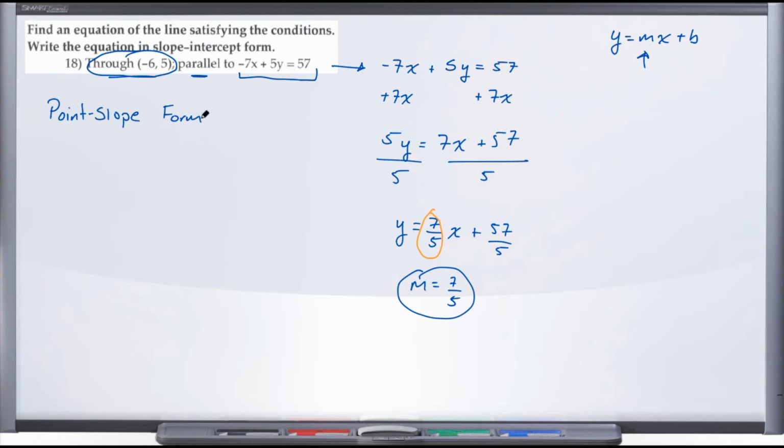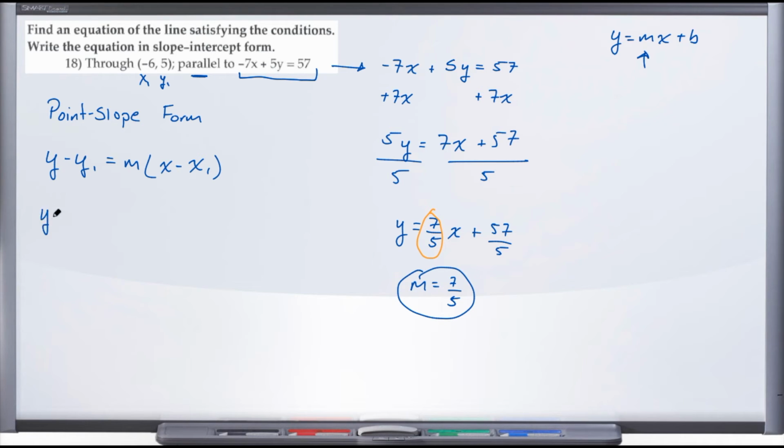So we're going to take this m and this point and plug that information into our point-slope form. Hopefully you'll recall by now that our point-slope form is y minus y1 equals m times the quantity x minus x1. Let's label our given point x1, y1, and we have our m, so we have all three bits of information that we need. So let's see what this looks like when we plug this information in.